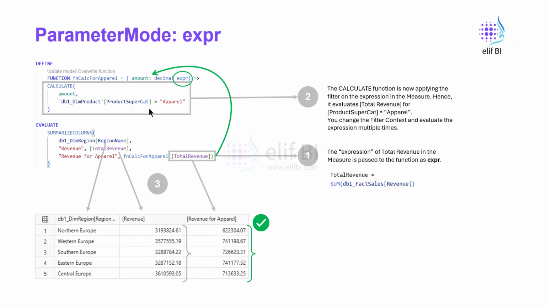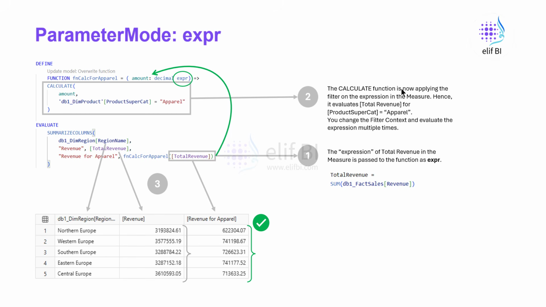And now let's have a look if we pass the expression into the function. So what happens here is the first step, the expression of the total revenue, which is total revenue equal to sum of the revenue column. The expression of total revenue in the measure is passed to the function as expression. That expression is passed there.